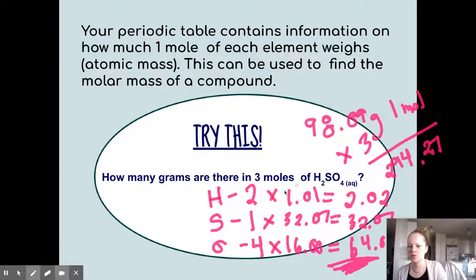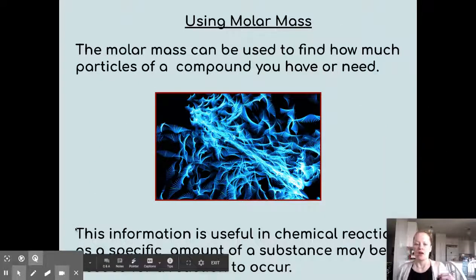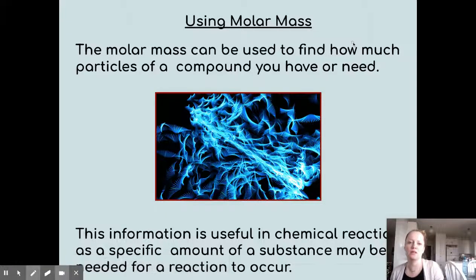All right, so using molar mass. This would be a little bit of information maybe to write down. The molar mass can be used to find how many particles of compound you have or need. We're going to use it in regards to how much you would need for a chemical reaction.